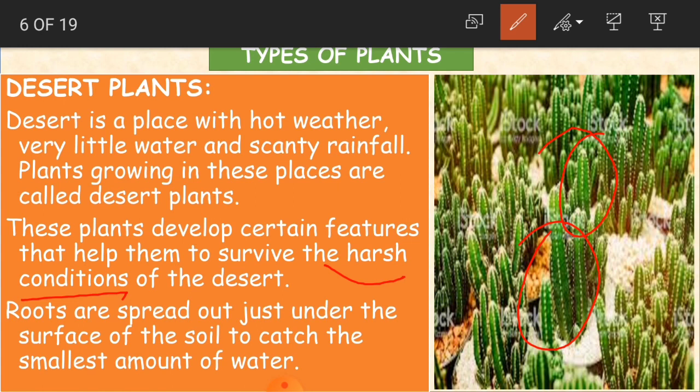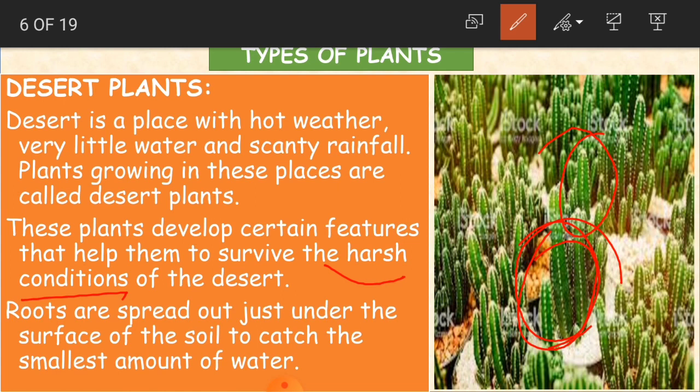Now as we said, the stems are going to store the water, and the water makes them able to live in the desert. Whatever little water they have, the stems store within them. Okay, and because of that they are able to live in that hot climate. Roots are spread out just under the surface of the soil to catch the smallest amount of water.